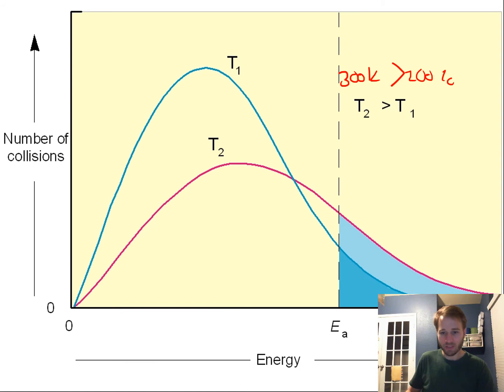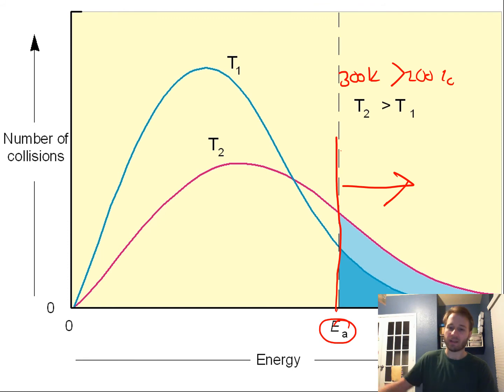What I'm interested in is, let's say I have some activation energy, Ea. What I'm concerned about is how many molecules have an energy greater than my activation energy. At higher temperature, more molecules will have an energy higher than the activation energy. That means at higher temperatures I have more successful collisions, so my rate is faster.